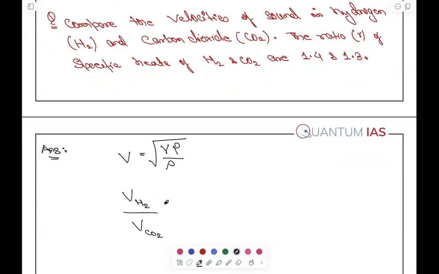Tell me what all is same in this? What all the factors are same?